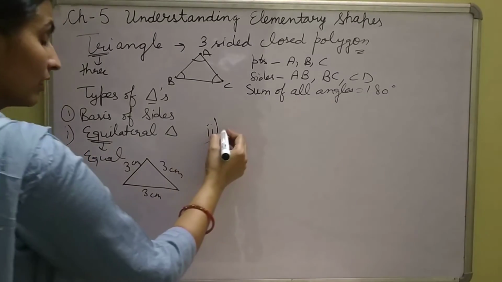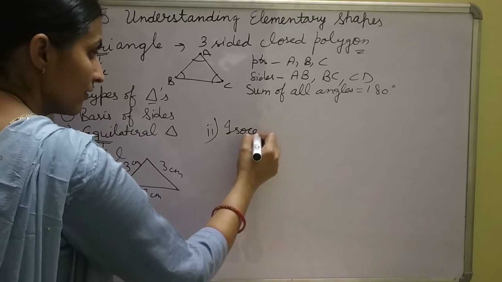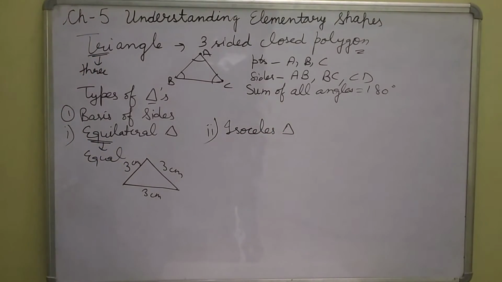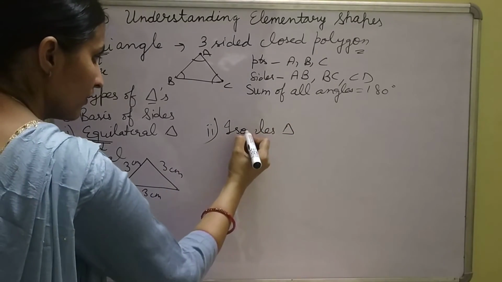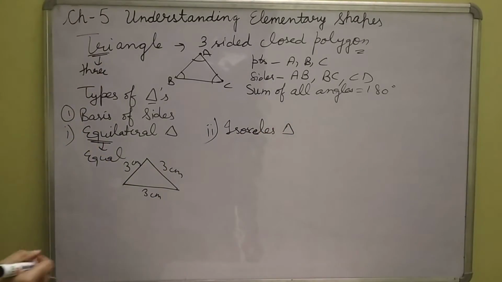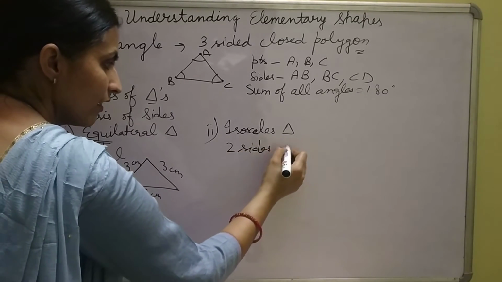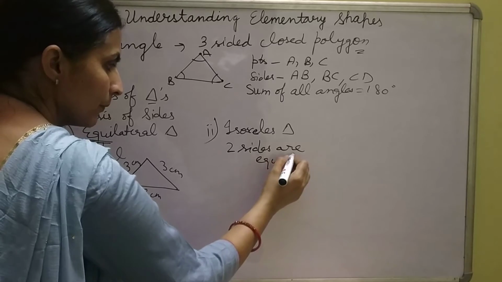Second one is isosceles triangle. Now what do we mean by isosceles triangle? Isosceles triangle means whose two sides are equal.